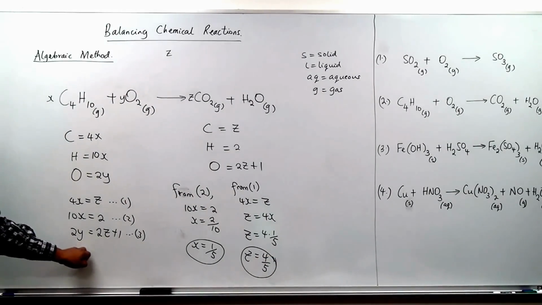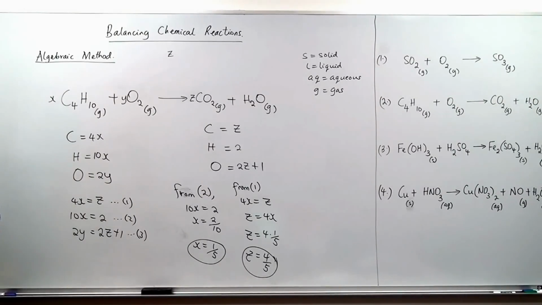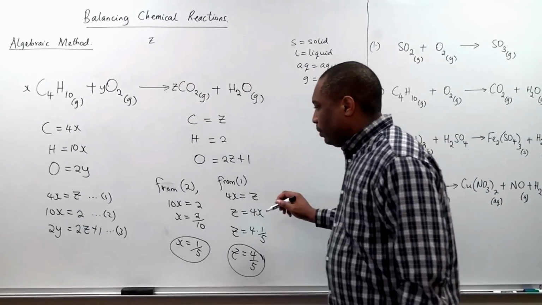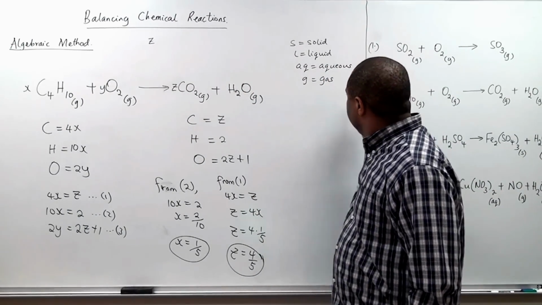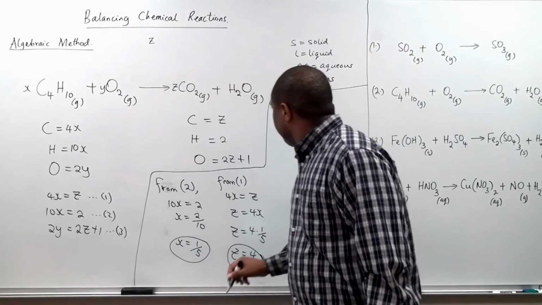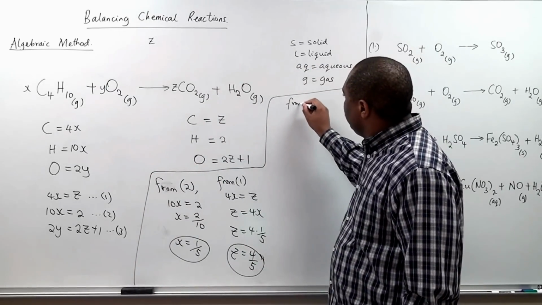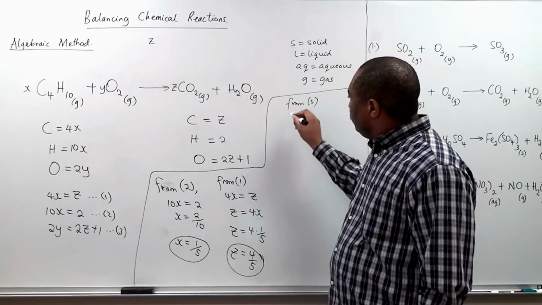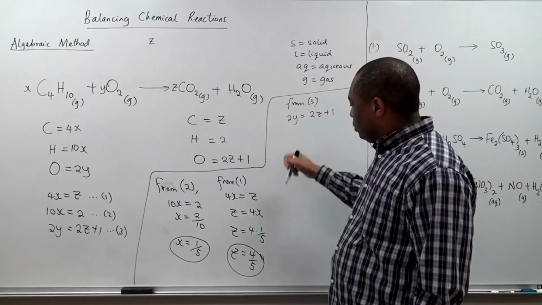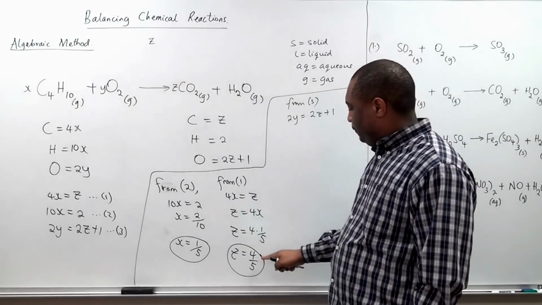And then we can now find our y from equation 3. From equation 3, 2y is equal to 2z plus 1. So our z is 4 over 5.